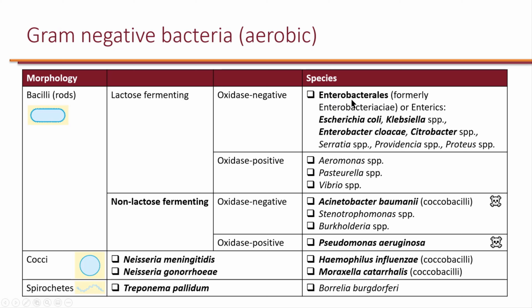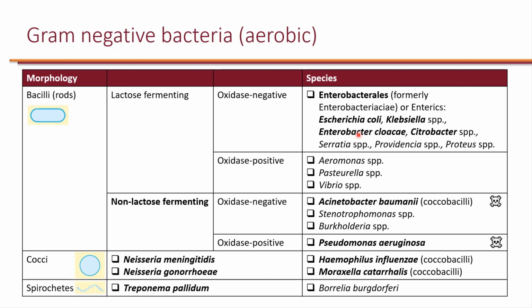Enterobacterales is a family of several organisms, and Enterobacterales used to be called Enterobacteriaceae. And the important organisms in the Enterobacterales family are Escherichia coli or E. coli, and Klebsiella species. When it says spp, that means there are multiple. So for example, there is Klebsiella pneumoniae and there is Klebsiella oxytoca.